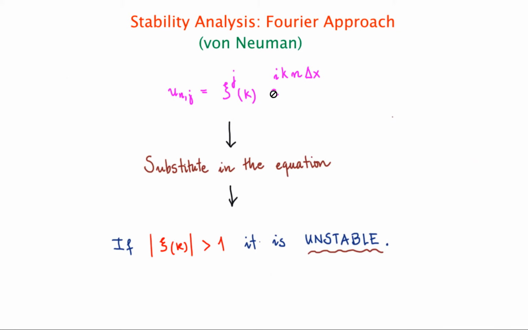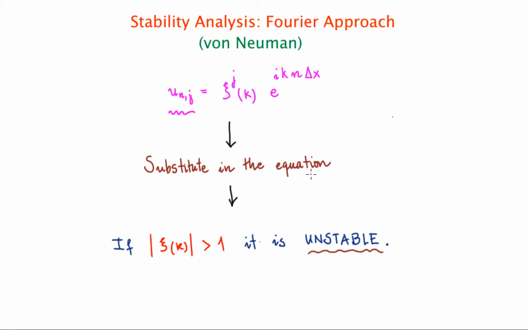Considering each term in this sum, we take the specific finite difference representation for a specific numerical method that we have developed. And in order to analyze the stability following that Fourier approach, we're going to substitute that expression for the u function, which depends on the n and j indexes.